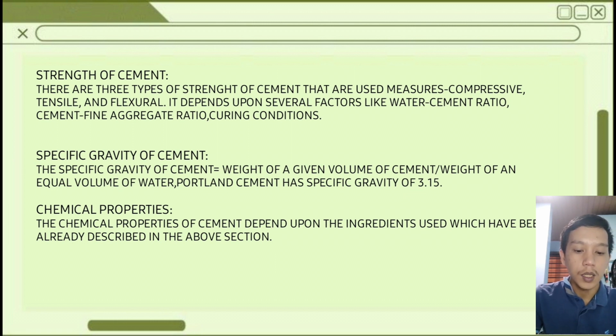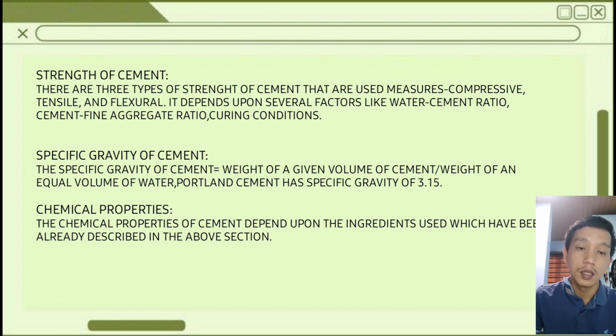So bakit nga ba na considered na property ang specific gravity? Kasi for what I understand, it is an important property of cement, mainly because it is one way to determine the density of cement.